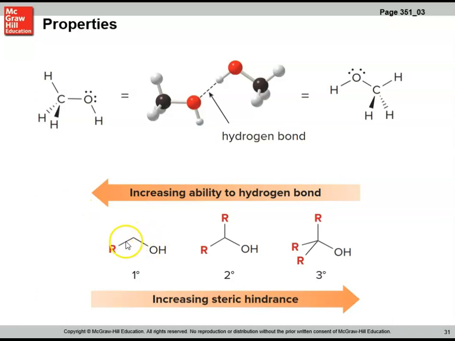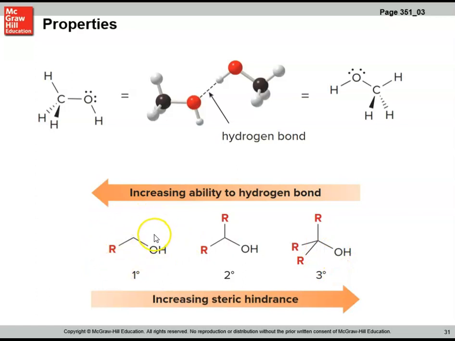With a primary alcohol, we have more ability to hydrogen bond because this group is free, more able to rotate around and interact with other things, and less sterically hindered. As we move to a secondary and tertiary alcohol, this group becomes more sterically hindered and is less able to hydrogen bond.